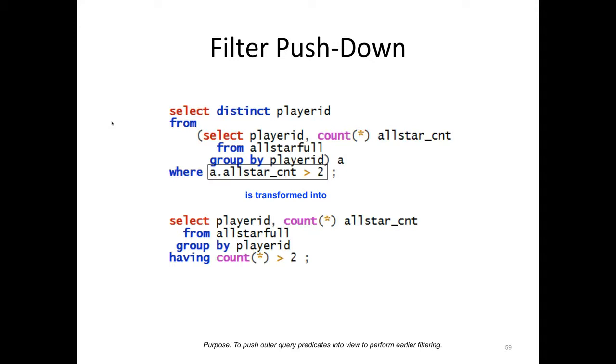Notice how that gets transformed into a group by with a having. Once again, the purpose of this is to allow the filtering to occur earlier. It can do some things with how it manipulates the data so that the number of rows that have to be moved throughout the plan can be filtered sooner rather than later. So it's another option for rewriting.